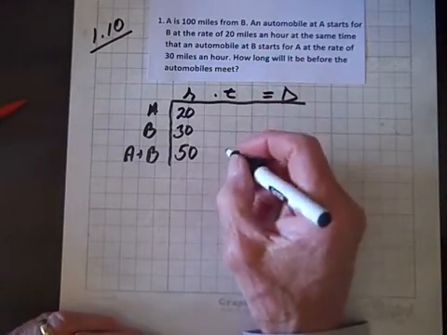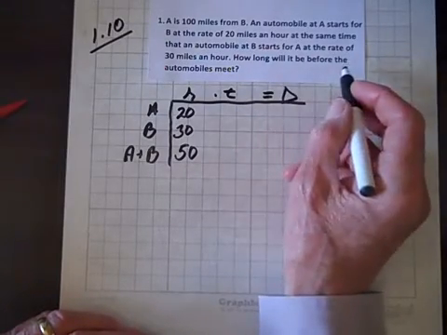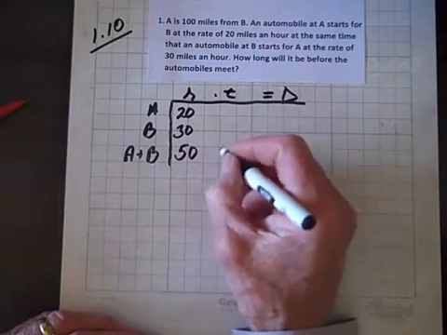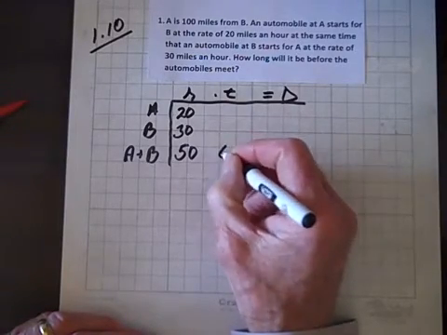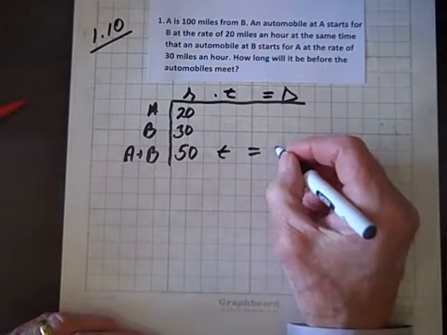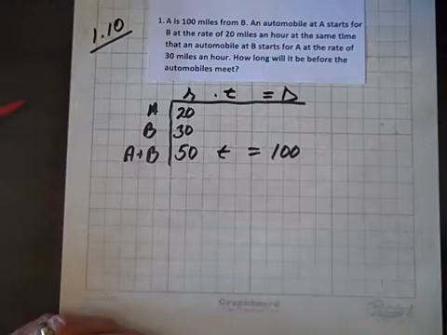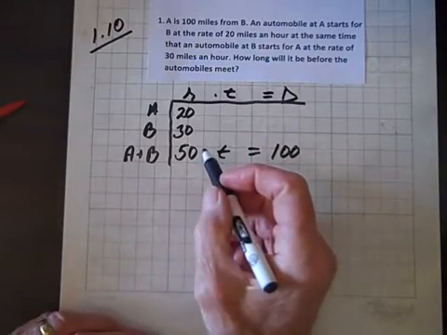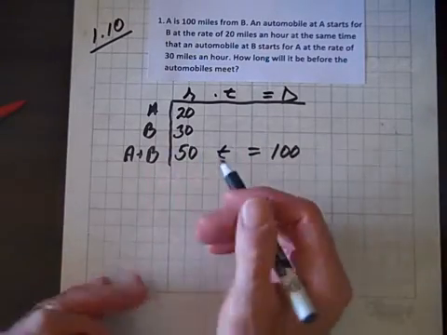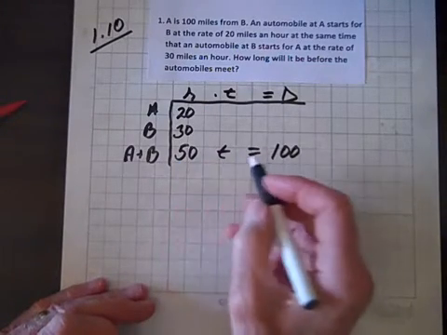And then what we don't know is how long it will be before the automobiles meet. Well, I don't know, so we'll call it T. But the total distance they're going to cover is 100 miles. So the combined rate of speed is 50 miles an hour.